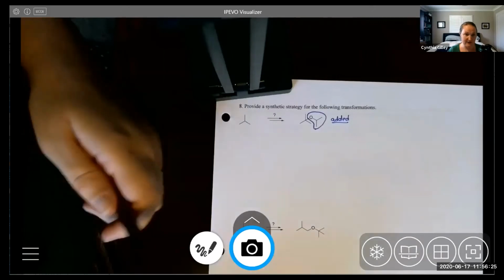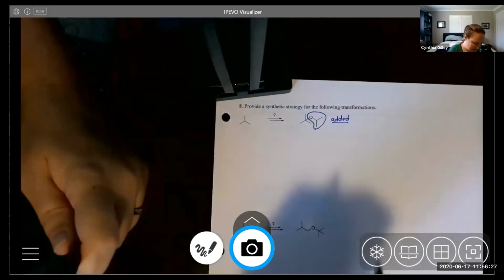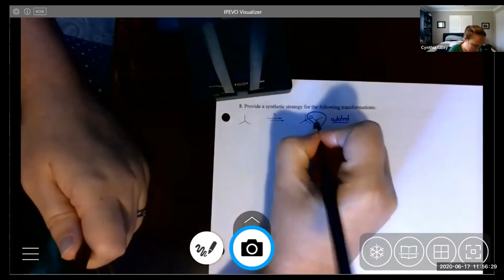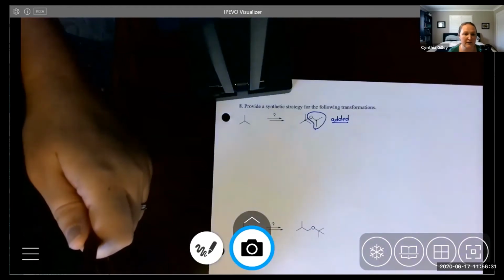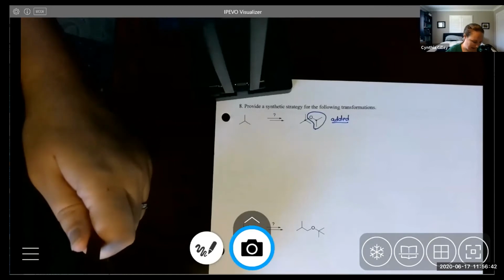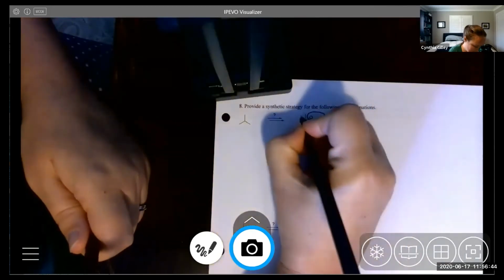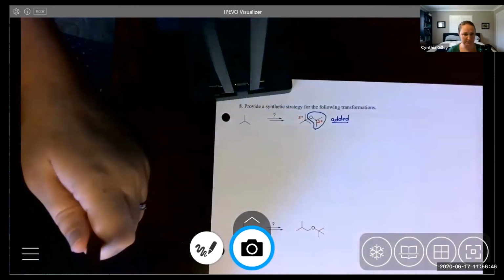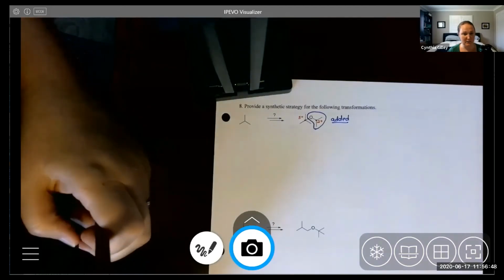Well, in order to answer that question, I need to look at these two carbons that are attached. If one or more of them is methyl or primary, you could use a Williamson synthesis. But I have secondary, tertiary. Because of that, I can't use a Williamson.